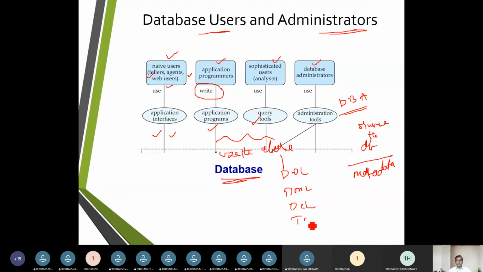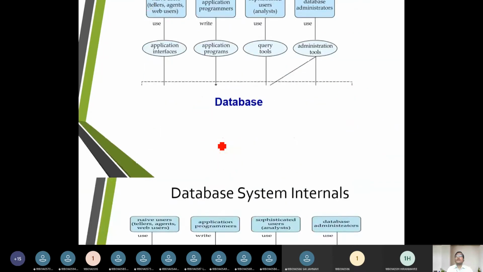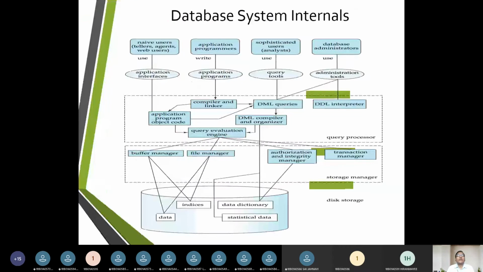With all these, they work over the databases. So after the database has been taken up by novice users, application programmers, sophisticated programmers, and database administrators, now we have a query engine here.